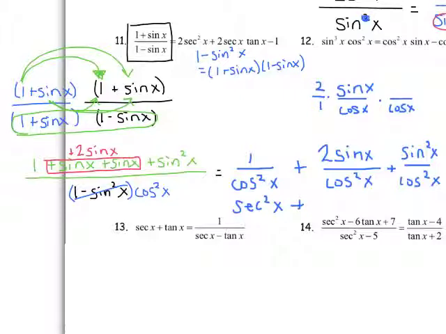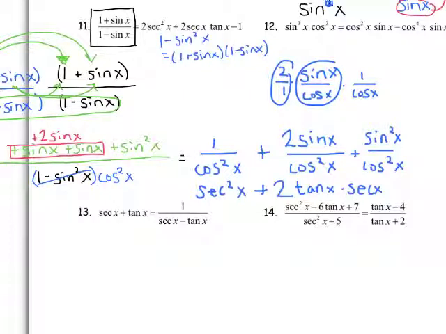So what this really makes is the 2 is going to stay a 2. Sine over cosine makes tangent. And then 1 over cosine makes secant. And then for my last, plus sine squared over cosine squared, that's tangent squared.